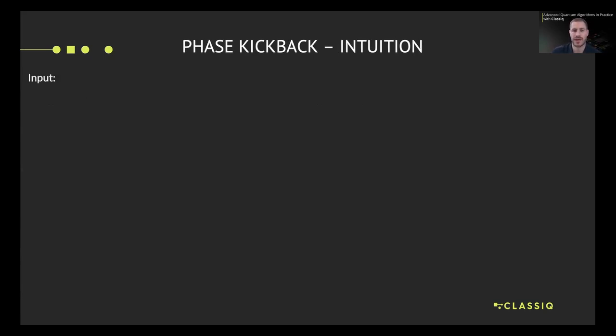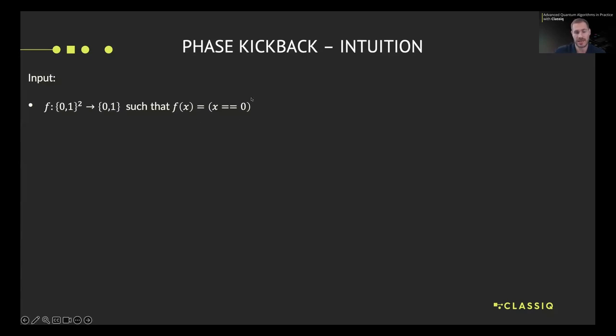Now let's go through an intuition and some example. So we will understand it through the concrete example of the function f of x that goes from a 2-bit string, so it can be the input to the function. The classical input could be 00, 01, 10, or 11, and we interpret this as an integer. So 00 is the integer 0, 01 is 1, 10 is 2, and 11 is 3.